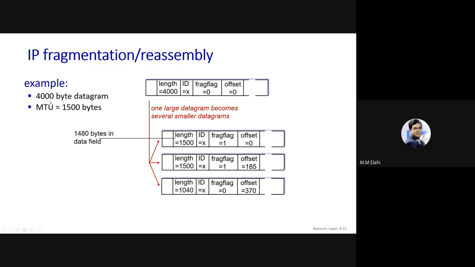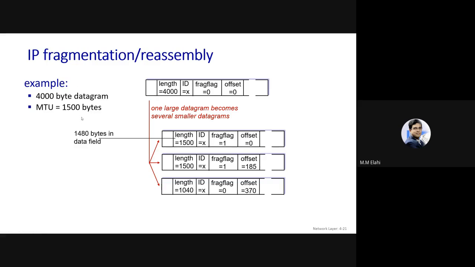So if I want to calculate the data size, this is called payload or data. This is excluding header. So subtract 20 from 4000, you will get 3980 bytes, right? This is the data portion that must be accommodated in the fragments' data portion. So the first fragment carries 1480 bytes of data.